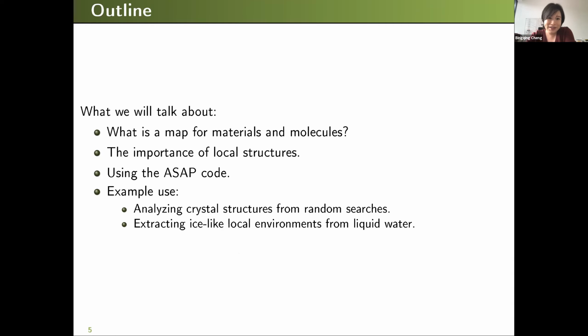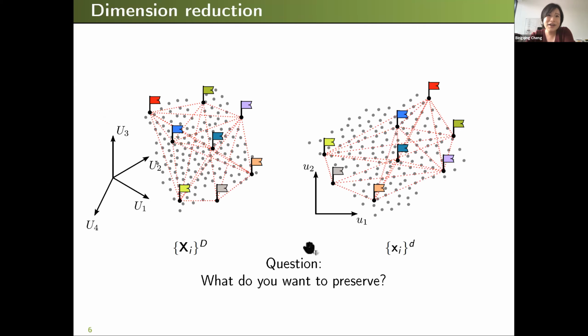Now, as far as I understood, Rose has already given some color on dimensionality reduction, so I'll mostly skip this part. I just want to highlight that Rose has introduced many methods like KPCA, MDS, and so forth.